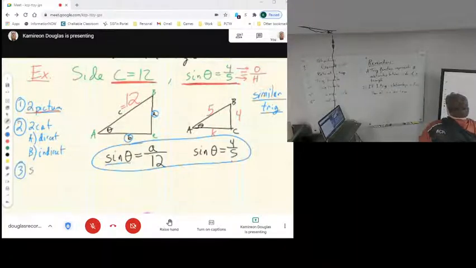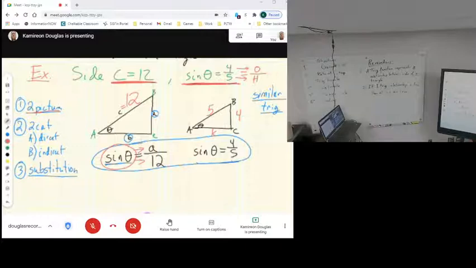is I'm going to perform a substitution. What that means is, everywhere I see a sine of theta, I can replace it with a over 12, including in the second equation. And again, anywhere I see a sine of theta, I can replace it with a over 12.